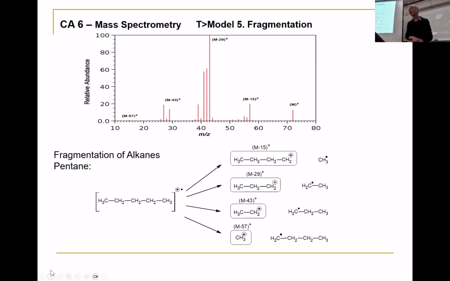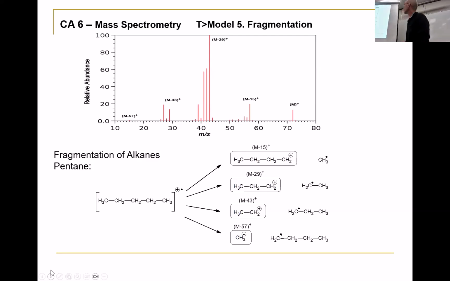Typically, what happens is we lose fragments that are odd numbered in mass. We lose things like a CH3, atomic mass units 15. We lose things like a CH3CH2, atomic mass of 29. We lose things like 43 and 57 fragments.